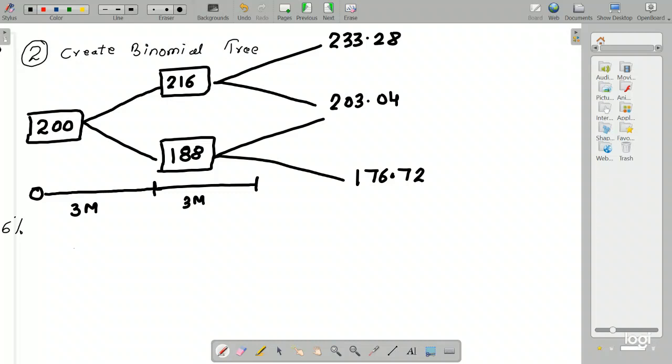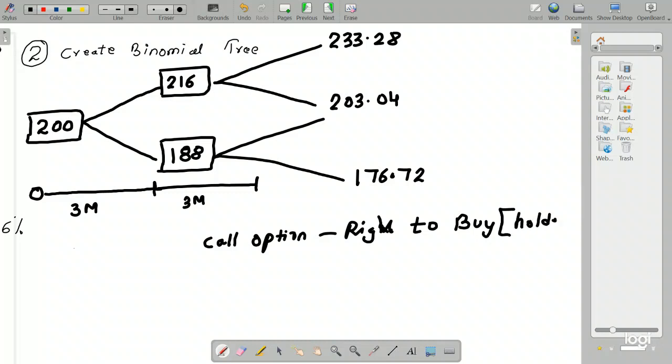So just a small recap: a call option is an option which gives the right to buy. And this right to buy is with the holder of that right.